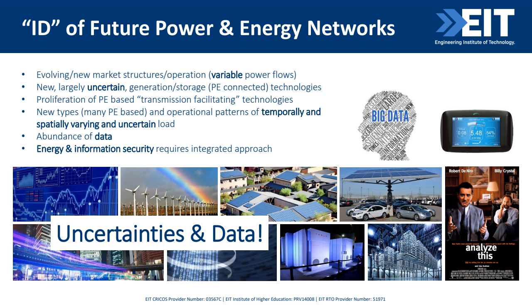So let us look at the idea itself of the power and energy network. First thing is that there is going to be variable power flow. Your generation, storage and the PV that is connected, they are going to be uncertain.